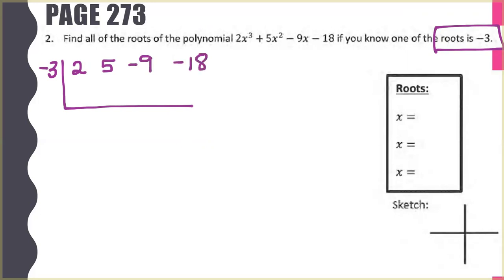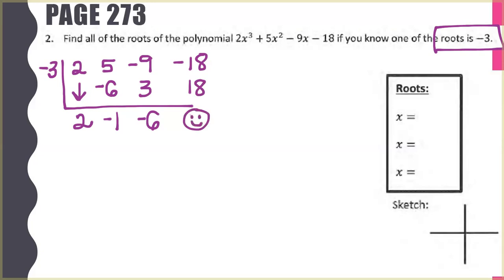Bring down the first number, multiply 2 times -3. You add, you get -1. Multiply -3 times -1, you get a +3. Add, you get -6. Multiply -6 times -3, that's a +18. And again, I end with 0.